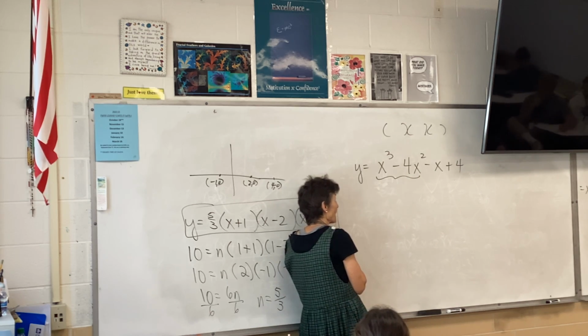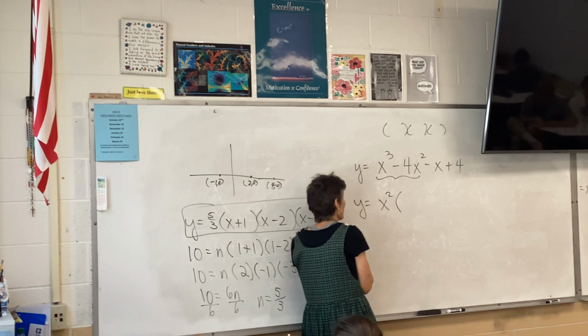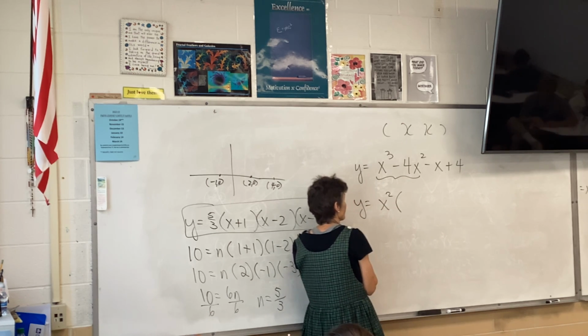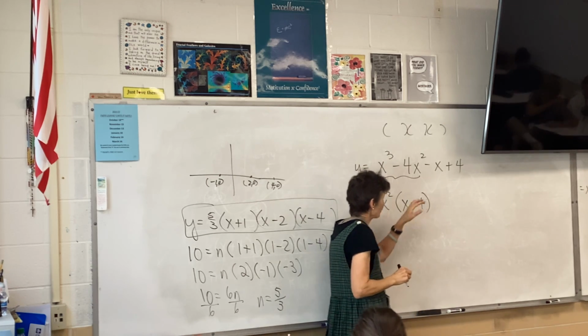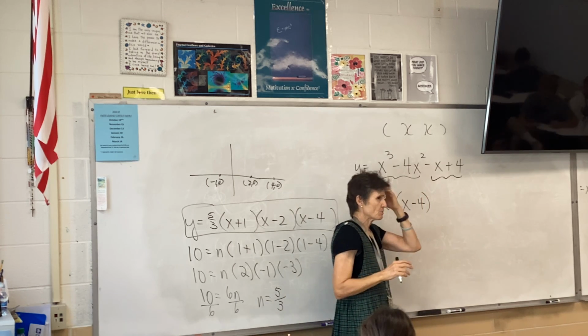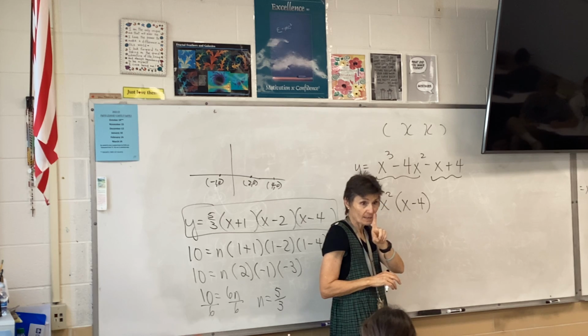If I do the first 2 terms, what can I take out of the first 2? X squared. So I'm going to take out an x squared. What will I have left if I take out an x squared? X minus 4. Perfect. Now, you're probably looking at these 2 and thinking, there's really nothing I can take out. But you can always take out a 1.